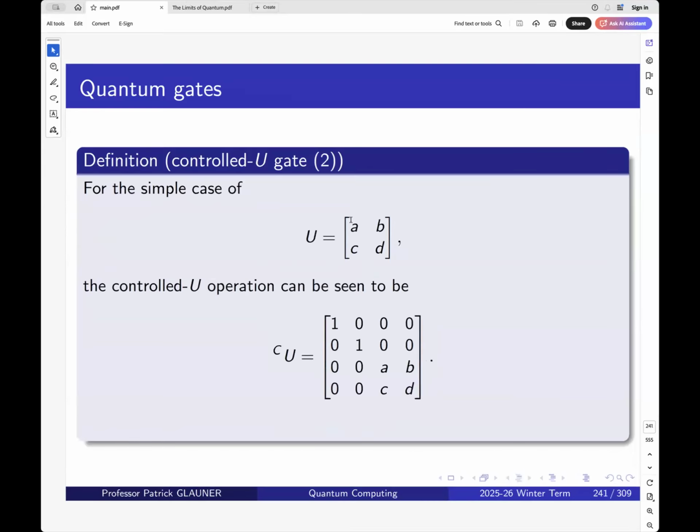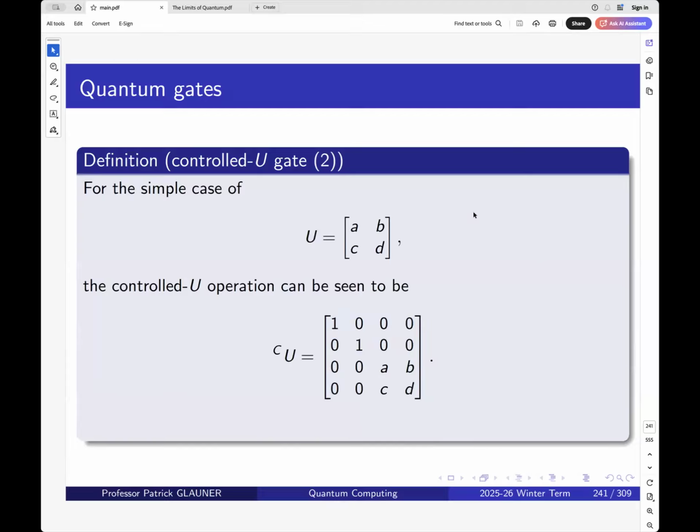So if I have an operation which is some unitary matrix, say A, B, C, and D, whatever this would look like, could be, say, some rotation we have seen before. Then this controlled U operation can be written like this. It's a 4 times 4 matrix with a 1 and 1 in the beginning of the diagonal, and down here the actual operation you want to apply.